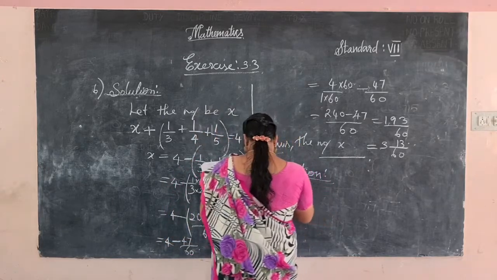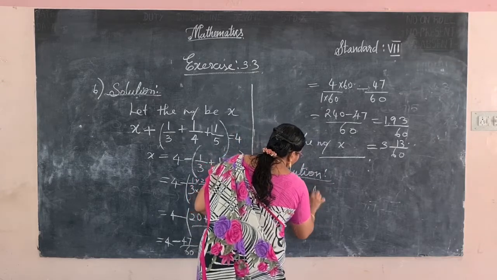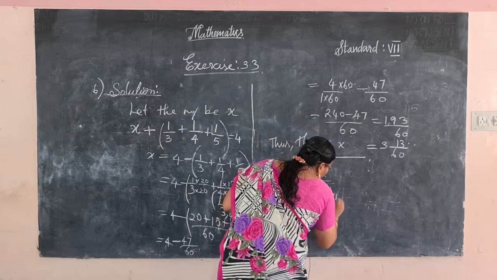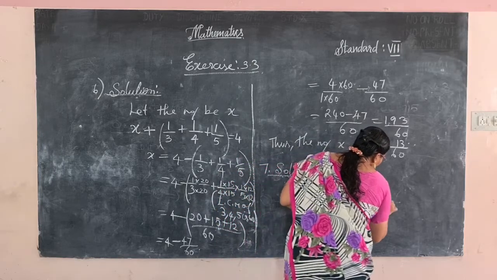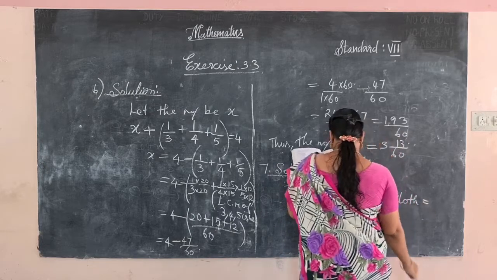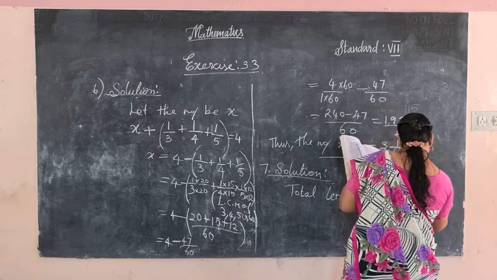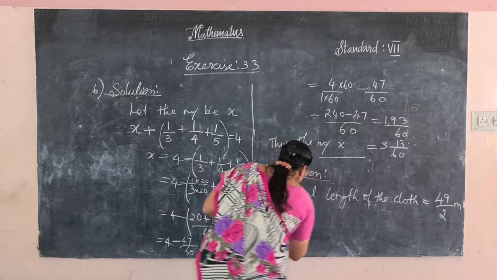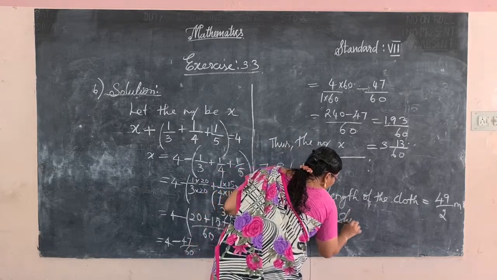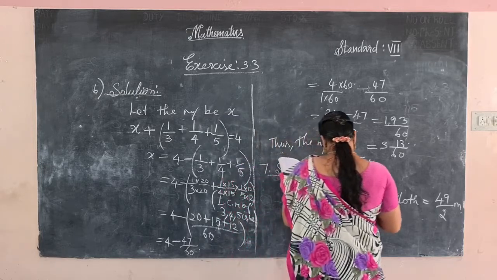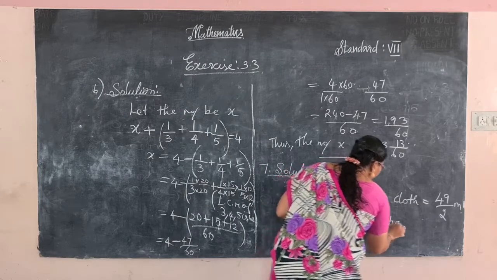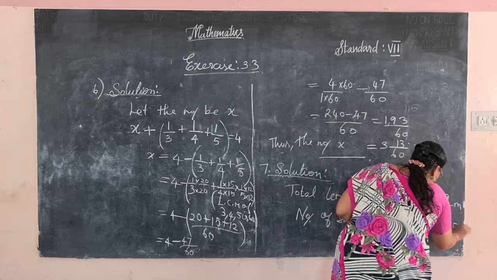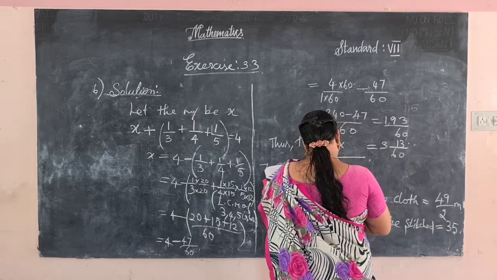Okay, listen. So the total length of the cloth is equal to 49 by 2 meters. Next, the number of shirts that can be stitched is equal to 35.